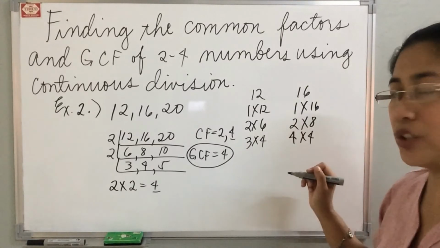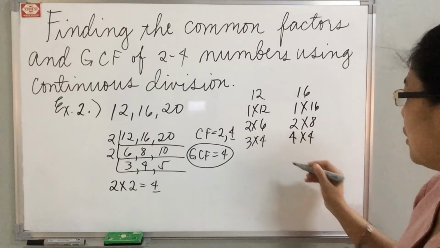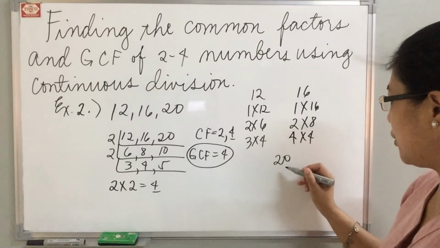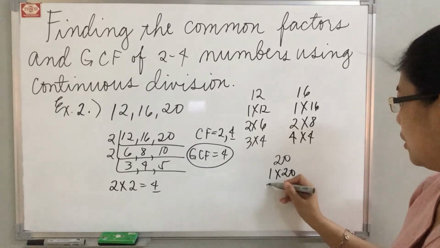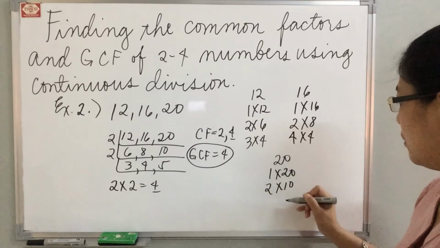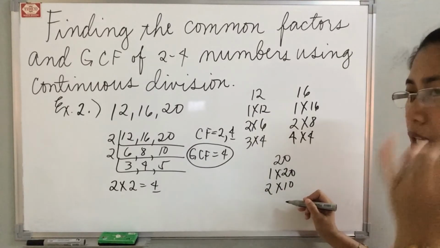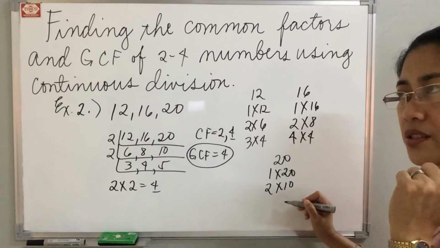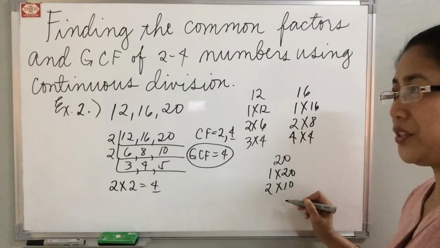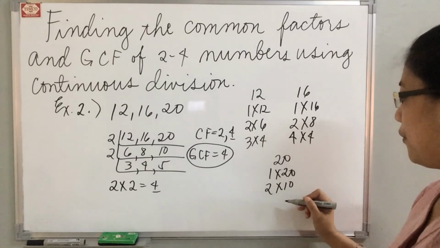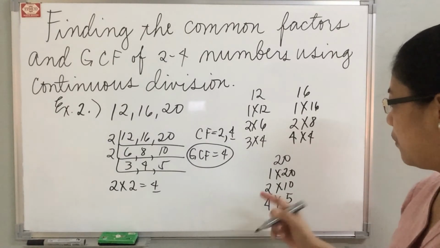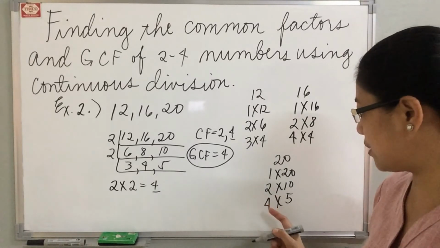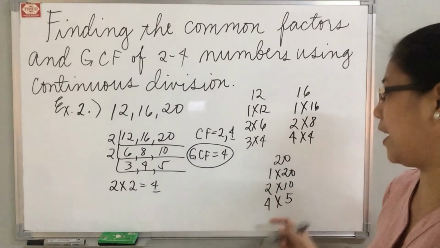There are no more factors for 16. Let's go to 20. So, factors of 20, we have 1 times 20. 2 times 10. What else? 3 times what? There is no partner for 3. How about 4? 4 times 5 and 5 times 4. 6, 7, 8. Let's stop.